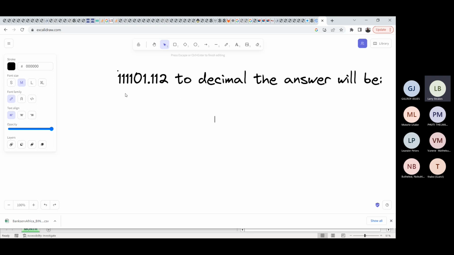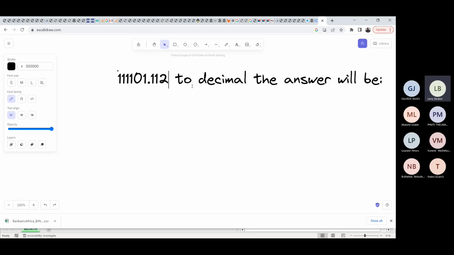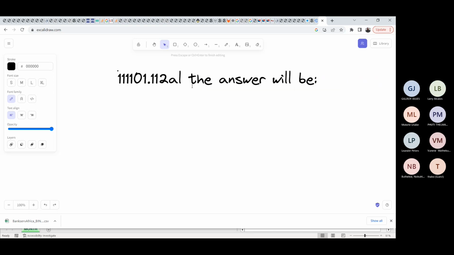And everything on the left was positive, right? So we did everything on the left, but everything on the right goes to the minus. So let's do this. I'm going to remove this 2. Remember that 2 just means that it's in binary form.